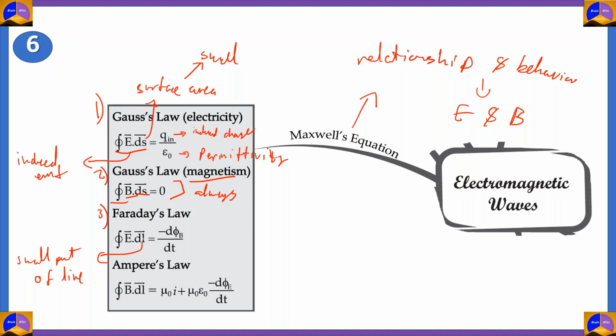So integral dl is line integral, and E represents electric field. And the line integral of electric field is given as minus d phi B by dt. And so this quantity is known as the magnetic flux.